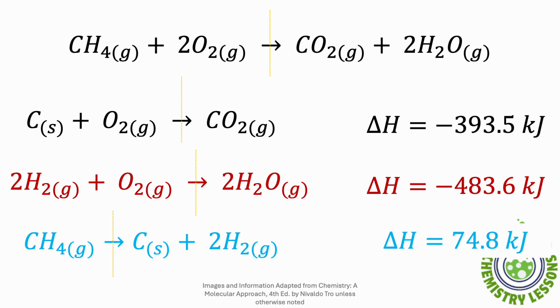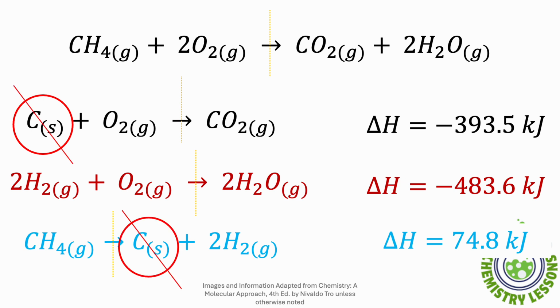Now, let's look at the things that I don't need. Remember at the beginning we talked about how we've got carbon in these reactions and hydrogens, and we don't need them because our final reaction up here at the top doesn't have carbon or hydrogen. Let's see if we've fixed the problem. All right, here I have one carbon on the left-hand side of my arrow, one carbon on the right-hand side of my arrow.